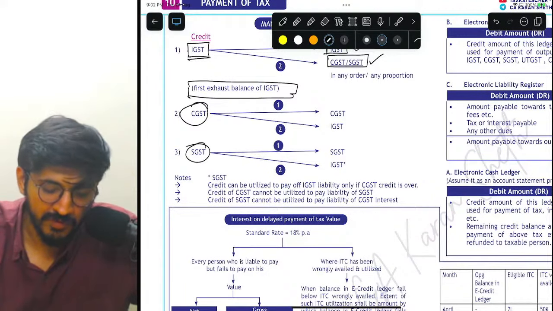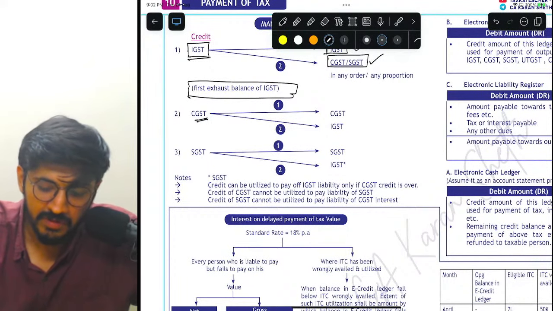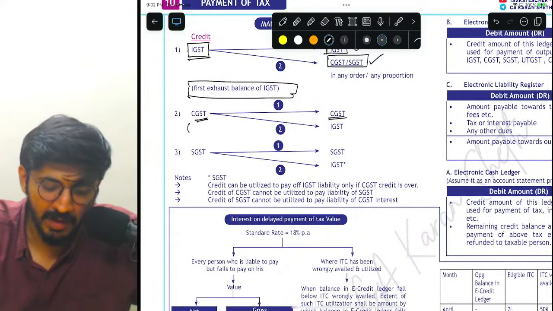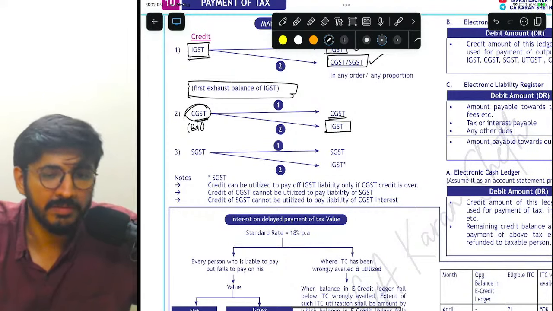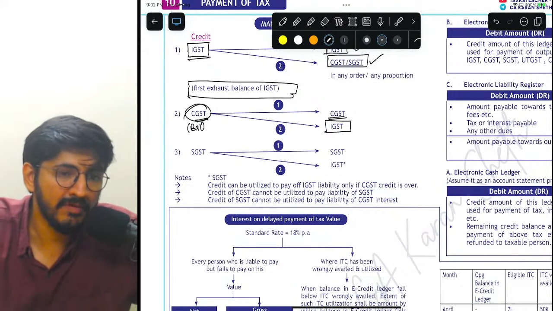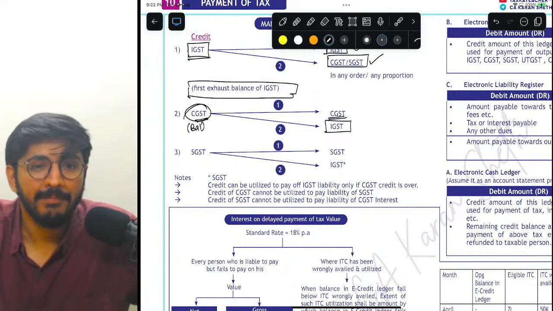First, ideally use CGST credit to pay off CGST liability. And if there is still any balance left, then use the CGST credit to pay off IGST liability. Is that very clear, my dear friends?